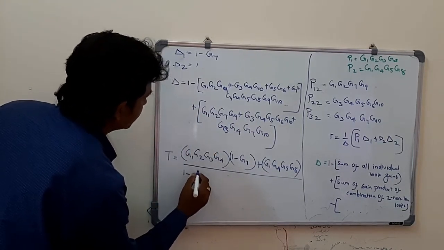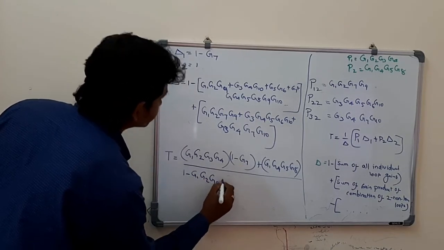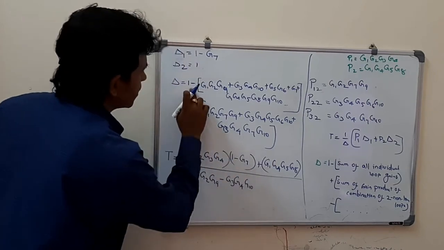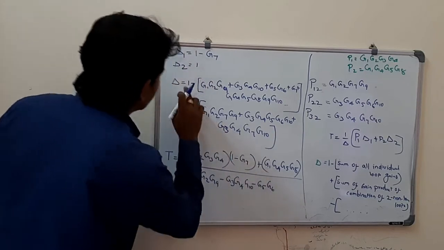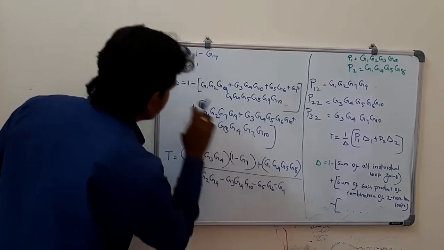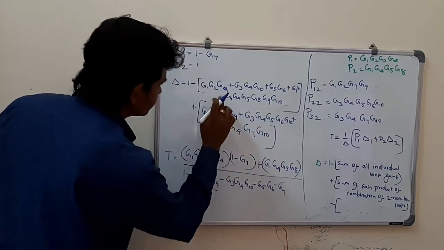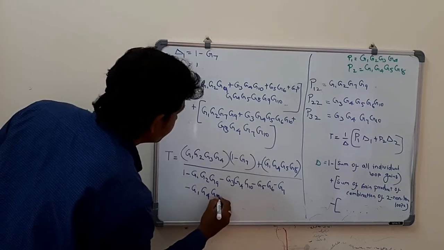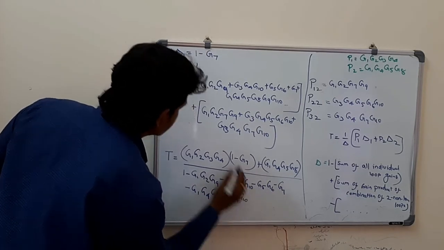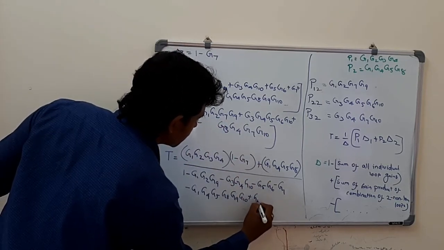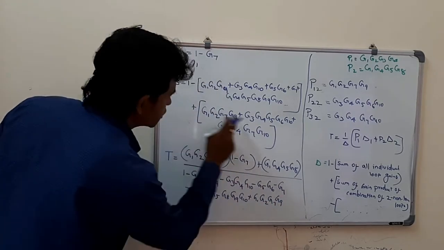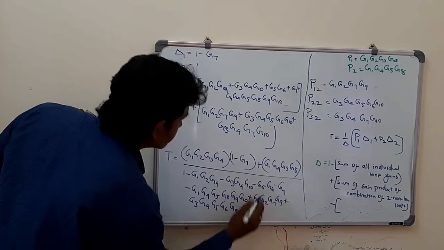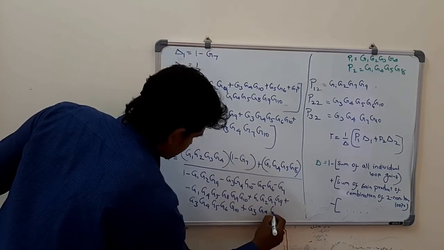So 1 minus, I have to write again: G1, G2, G9, minus into plus, minus G3, G4, G10, again minus into plus, minus G5, G6, again minus G7, again minus G1, G4, G5, G8, G9, G10, then plus G1, G2, G7, G9, plus into plus, plus G3, G4, G5, G6, G10 plus G3, G4, G7, G10.